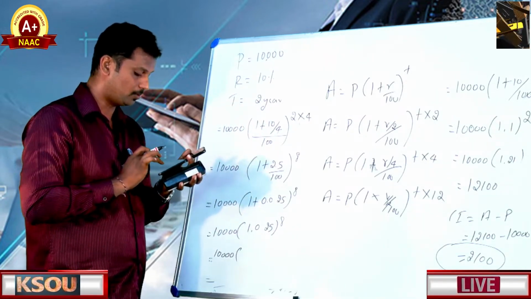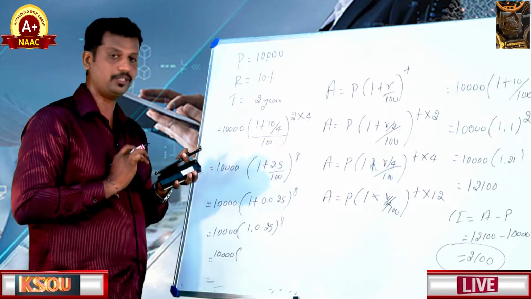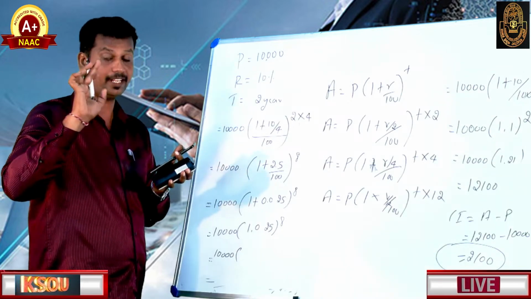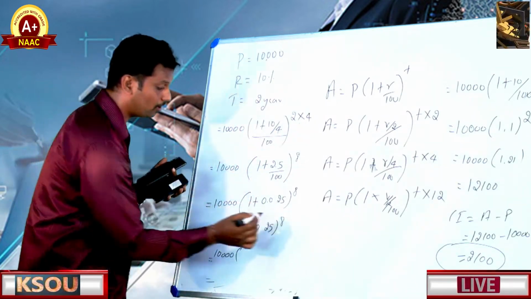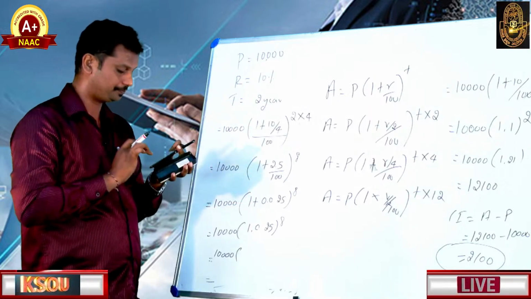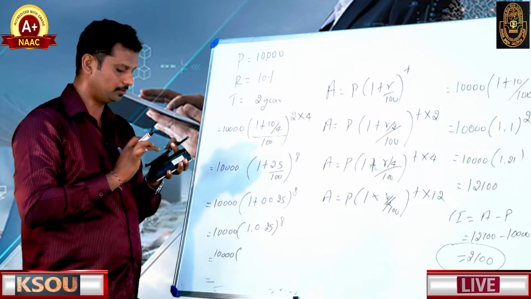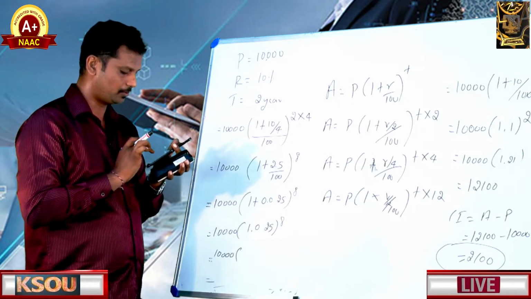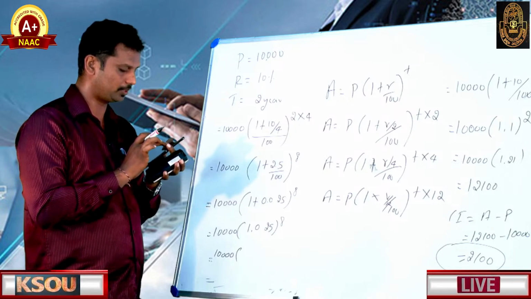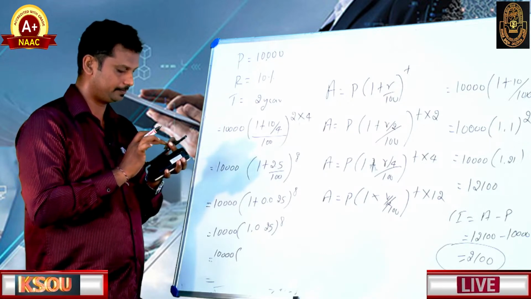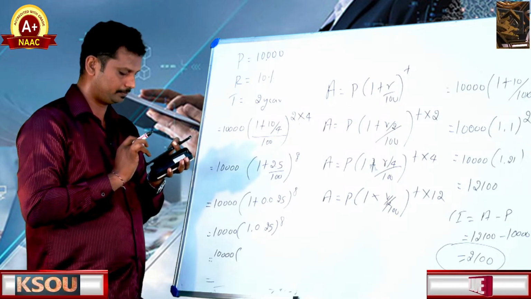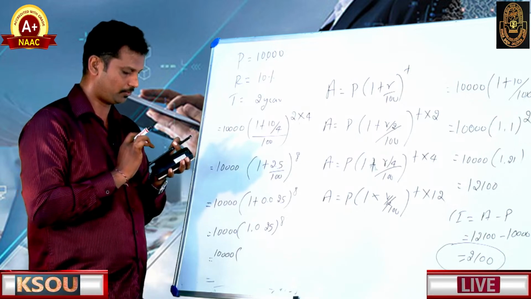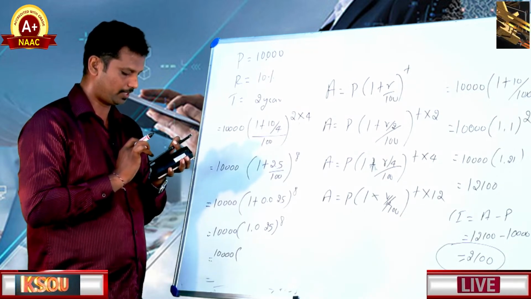How do you take it? 1.025 into 1.025. So you should multiply 8 times. How many times? 8 times, because the power is 8. 1.025, 1.025, 1.025, 1.025, and so on.